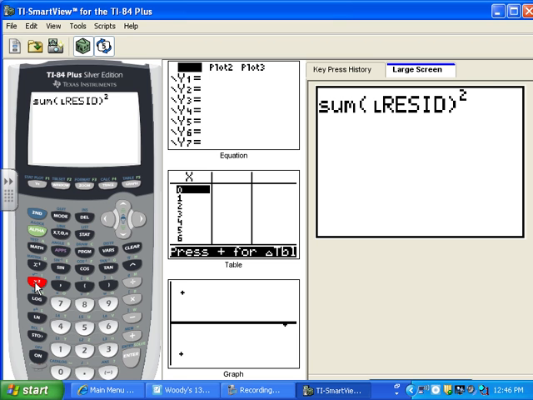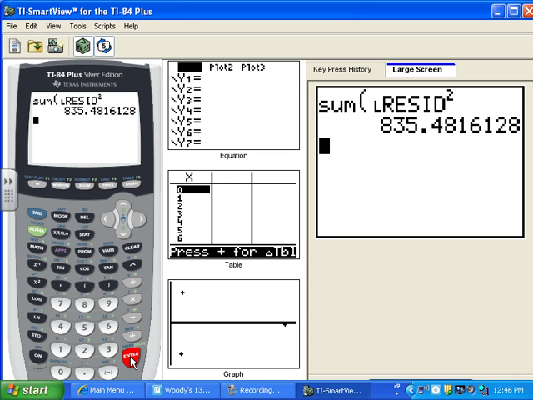Oh, maybe, you know what? Don't put the parenthesis. There we go, delete that. That'll do it. So again, it should be a big number. We got 11,000 something.